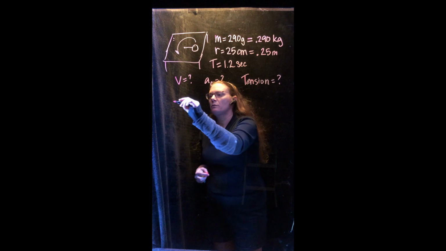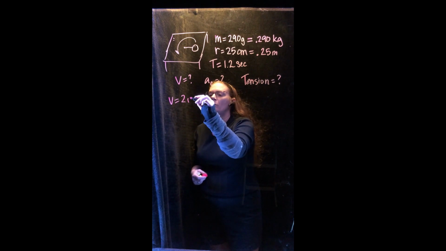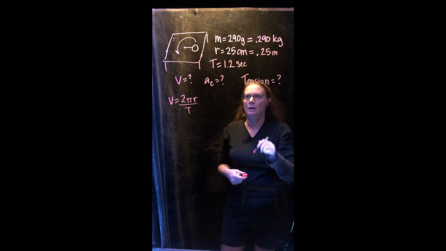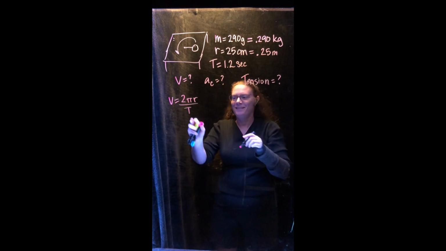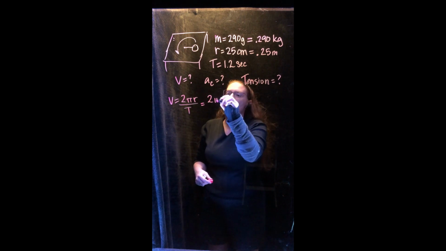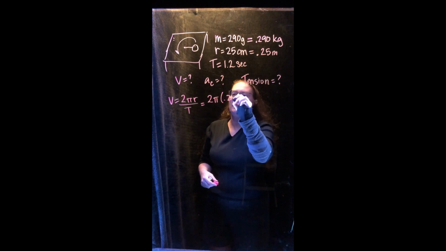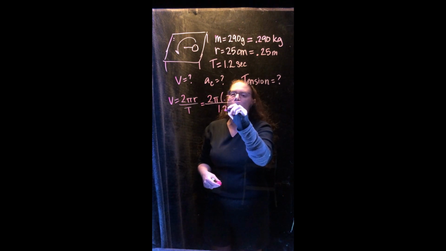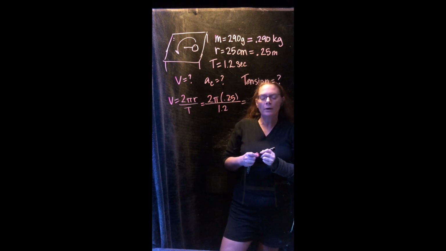Okay, first thing is, what is the velocity? All right, well, the velocity for something traveling in a circle, we have an equation for that. 2 pi r over T. This is a time. Remember, it's distance over time. So that's 2 pi times the radius, 0.25, over the period in seconds, 1.2. All right, go grab your calculator.